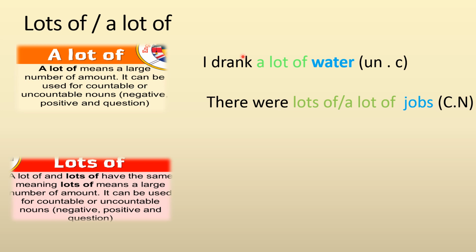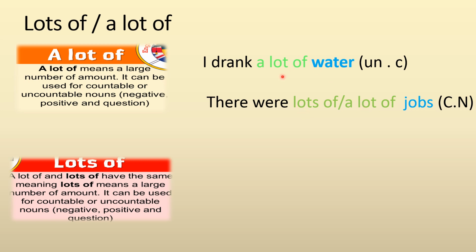Look at these examples. I drank a lot of water. Water is an uncountable noun. We can say a lot of or lots of. Number 2, there were lots of jobs. Jobs is an excellent countable noun.